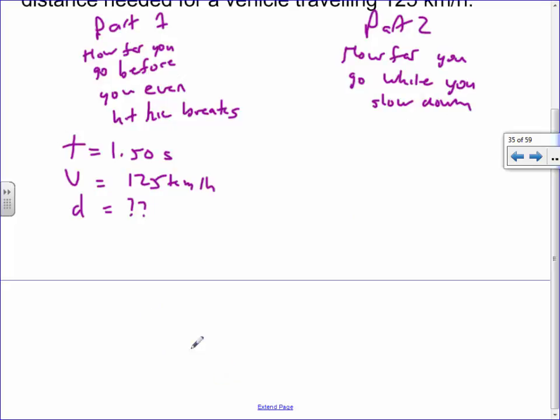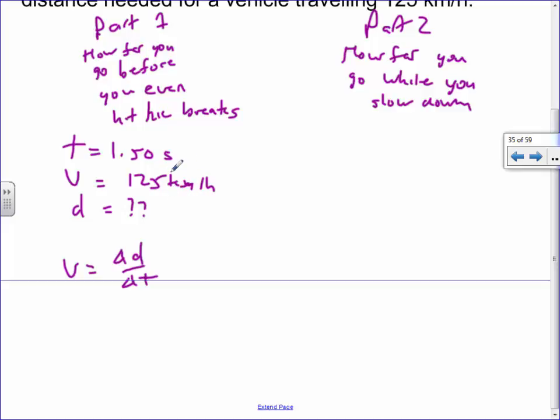Is there a formula that just involves D? Yeah, it's the V equals change in D over change in T formula. Okay, I got one problem though. 1.50 and 125 have incompatible units, so we can't use two different unit types.